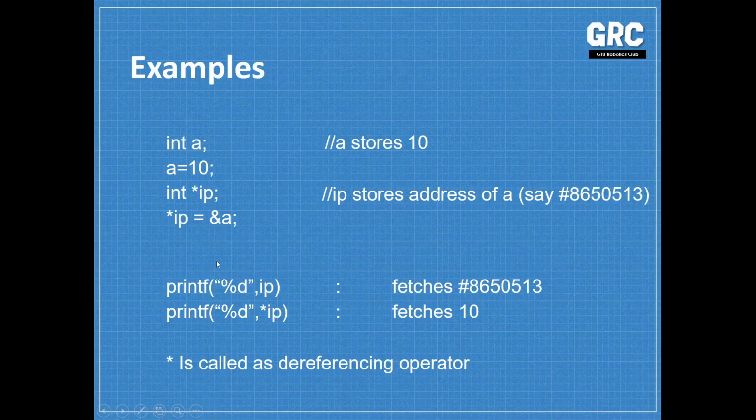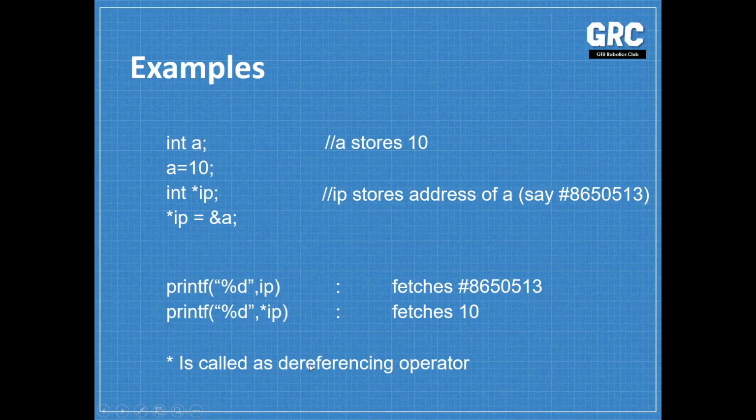If we print the IP value, the output will be a random number, and if we print star IP, then it fetches the value of variable a, which is 10. The random number we saw here was actually the memory address of variable a. The star is called the dereferencing operator.